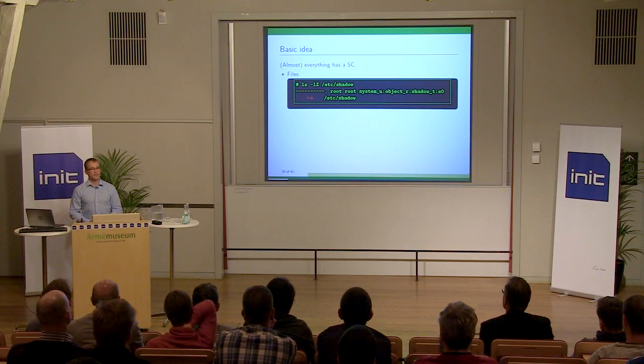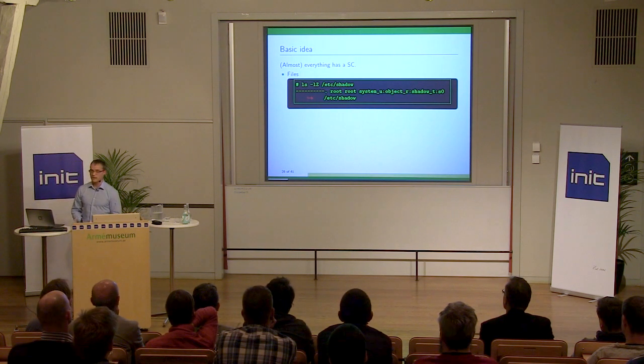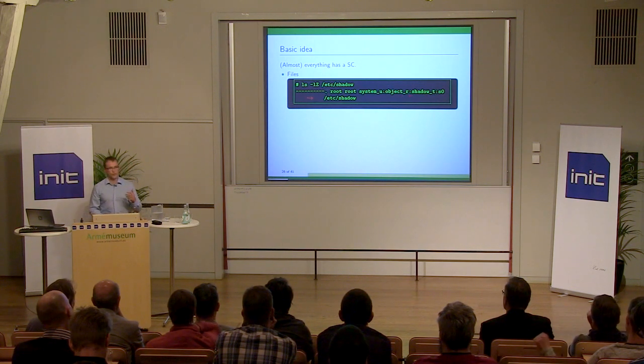I talked already about this. Pretty much everything has a security context, and you can list those security contexts with a capital Z with most of the tools. So if you list a file and specify this flag, then you will see that this file has the type shadow_t. And then you're able to control the access to everything that has the type shadow_t with the SE Linux policy.